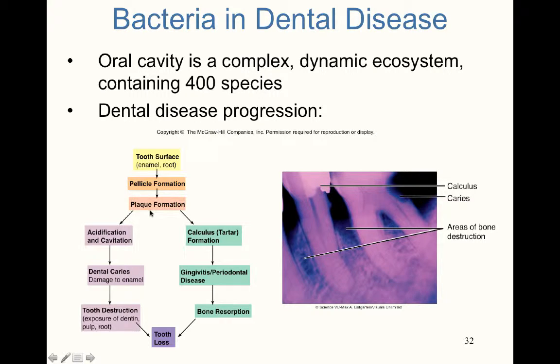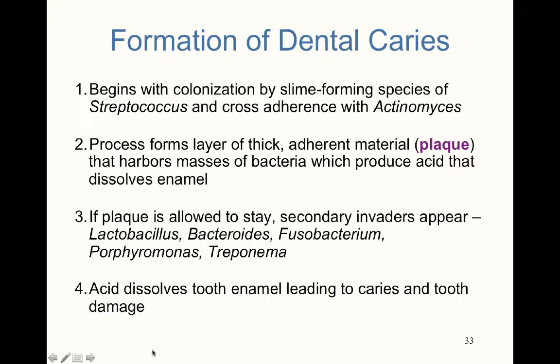Once the plaque forms, then you have acids that are produced from the colonizing bacteria that will eat away at the enamel and also cause gum disease and bleeding of the gums, and eventually, if not treated, tooth loss.